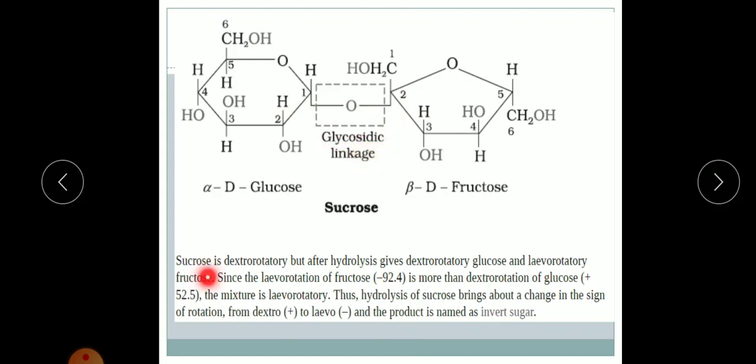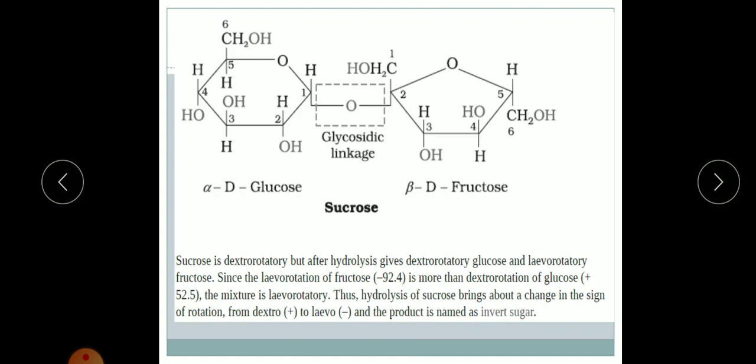Okay, so sucrose is dextrorotatory, but after hydrolysis it gives dextrorotatory glucose and laevorotatory fructose. Since the laevorotation of fructose is more than the dextrorotation of glucose, the mixture is laevorotatory. Thus, hydrolysis of sucrose brings about a change in the sign of rotation from dextro to laevo, and the product is named as invert sugar. This dextro and laevo comes from the optical activity.